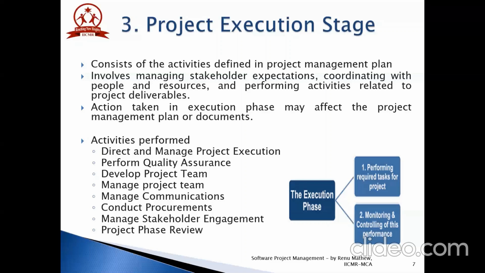The outputs would be project management plan, procurement documents, source selection criteria, qualified seller list, seller proposals, project documents, make or buy decisions, partnership agreement or the teaming agreement, and organizational process assets.